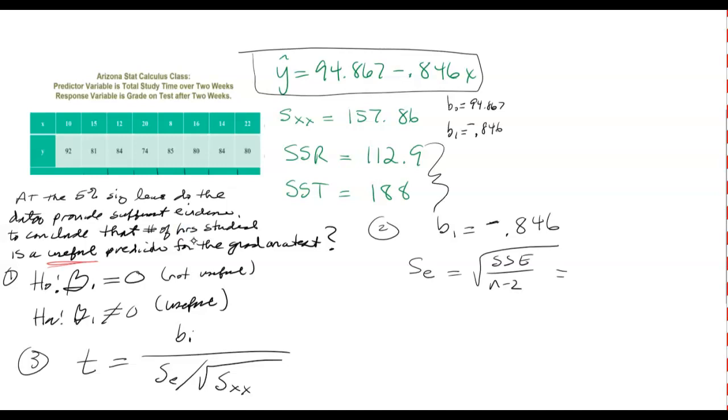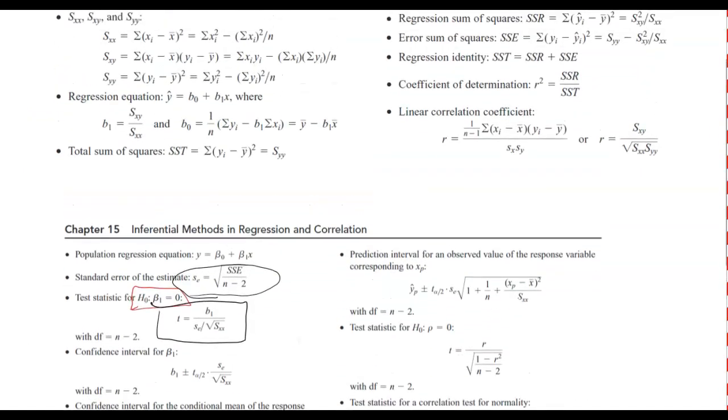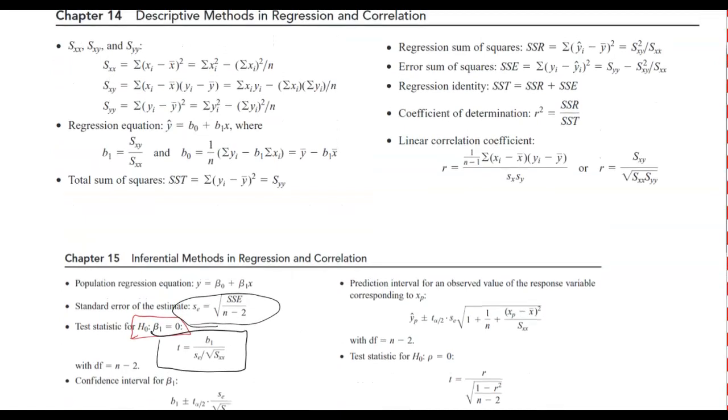Now, notice when we did coefficient of determination and correlation coefficients, we found the sum of the squares of the regression, and we found the total sum of squares. But one of the key things I had pointed out at that time was this idea of a regression identity. Your total sum of the squares is the sum of the squares of the regression plus the sum of the squares of the error. We went over that in a graph in the last section.